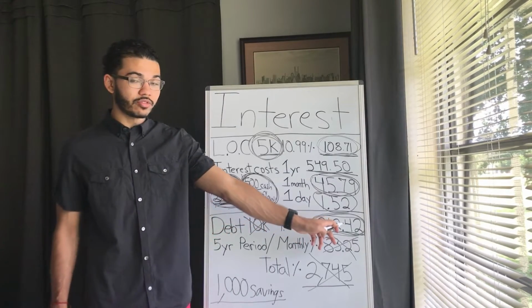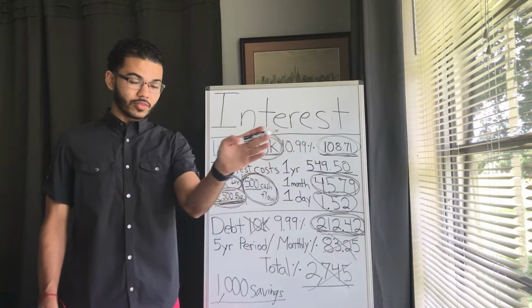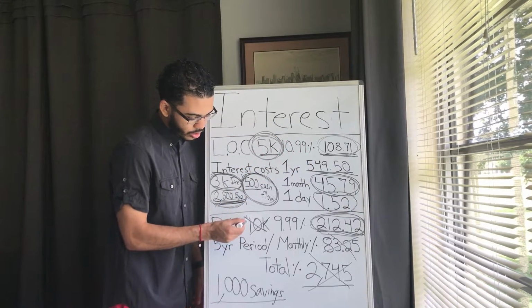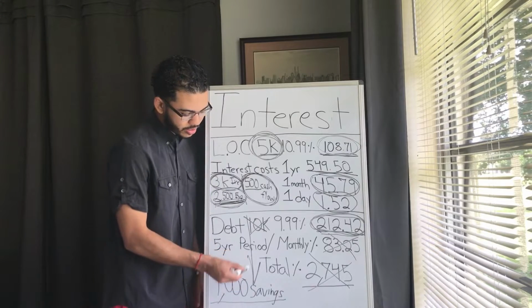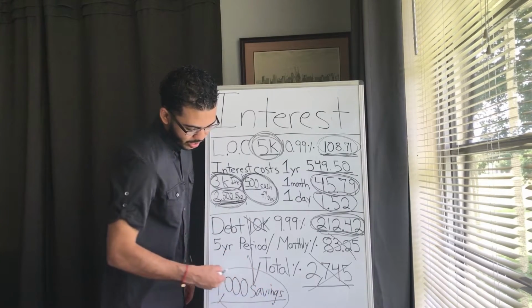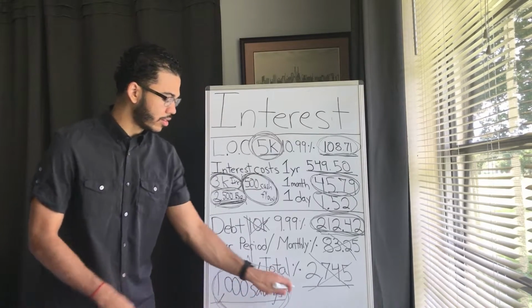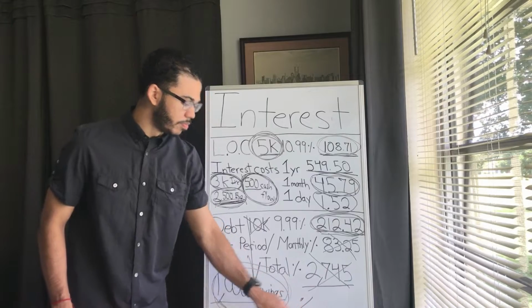So the $212 for the next 11 months is also lowering the balance, which is also increasing your savings on interest. Big savings.